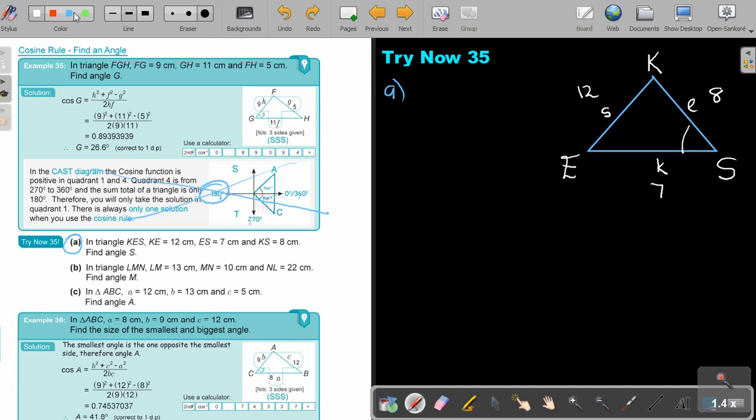So if I start with that, I'm finding S, so I will start by saying cos of S, and you can start by putting it in directly. It's the two around that you square, the one opposite that you subtract, and you divide by 2 times the 2 that you were adding.